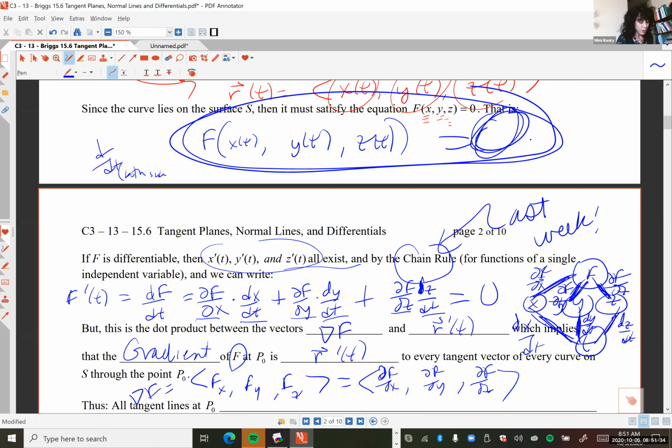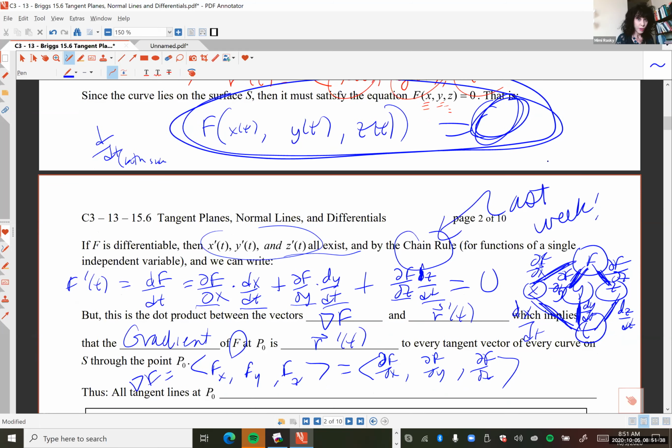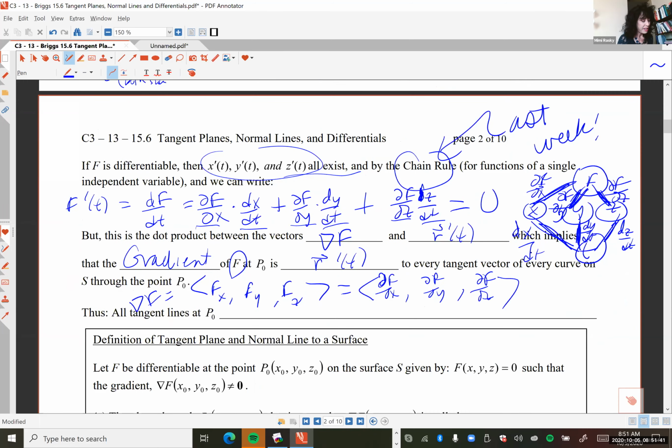And what's really cool is that the gradient of the big F function is always orthogonal to any velocity vector of any curve that you draw on the surface. So all the tangent lines lie in a plane that is normal, and when we're using normal in this conversation, it means orthogonal to the gradient at the point P naught.